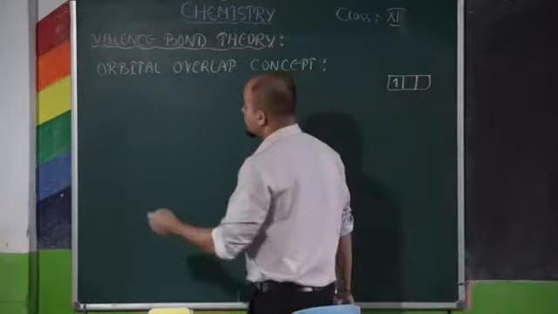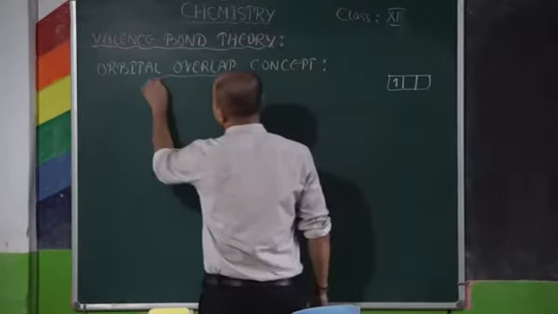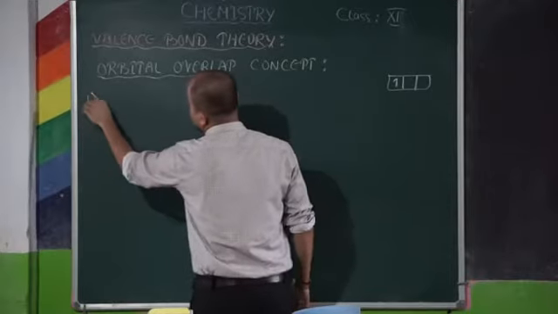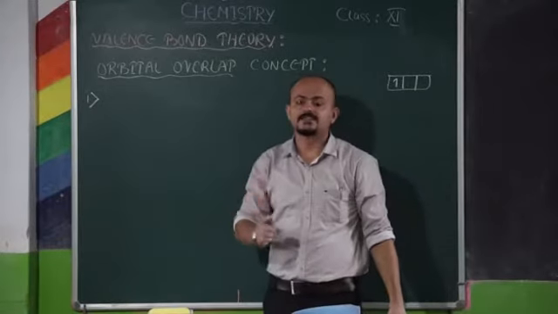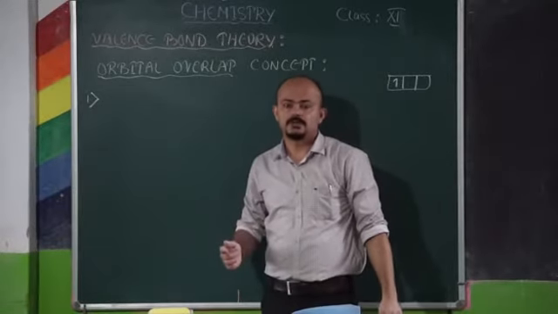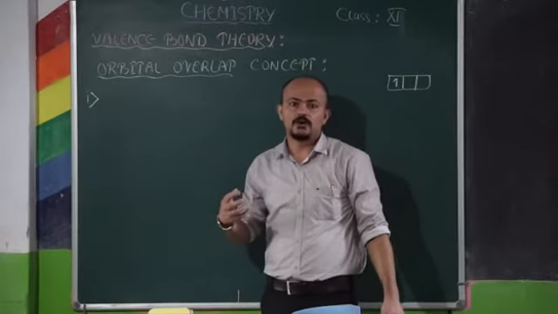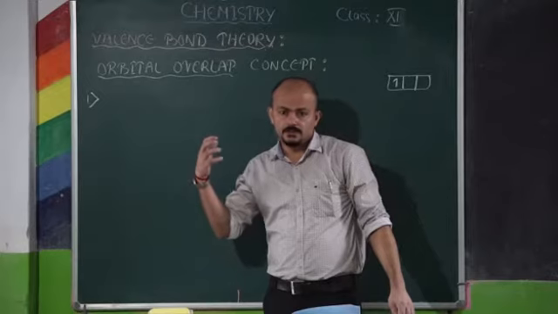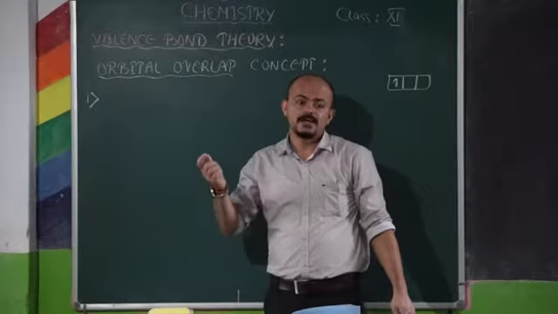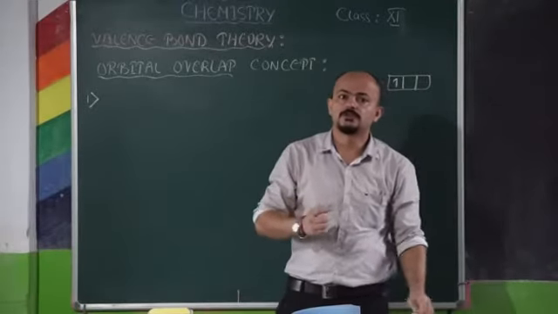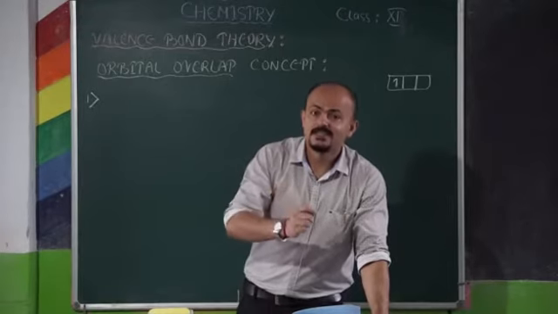Now let's discuss the various postulates of this theory, the orbital overlap concept. The first thing, as I told you: whenever an atom has an unpaired electron, it has a tendency to form a covalent bond with the electron of another atom, and here the electron has to be of opposite spin.